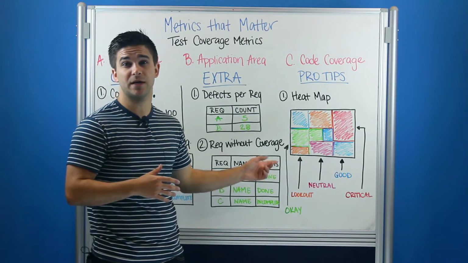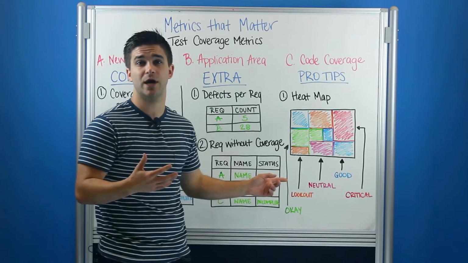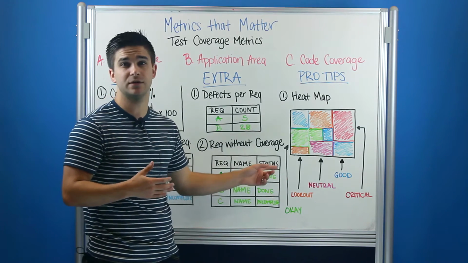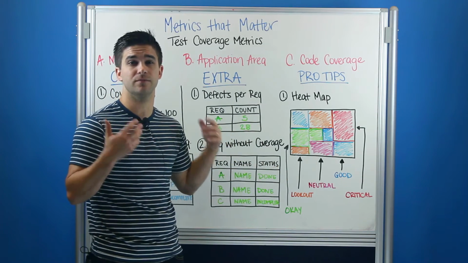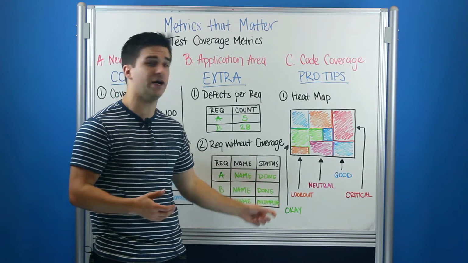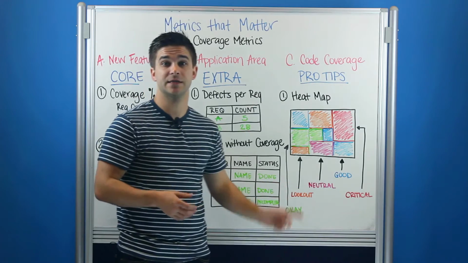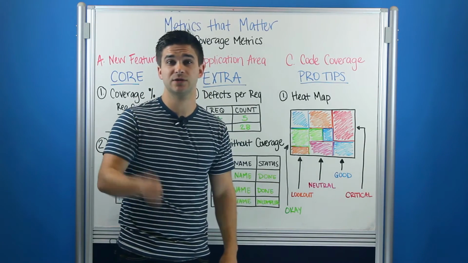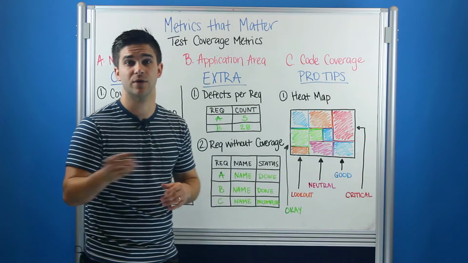This also gets into a risk-based approach. If you're getting towards the end of your testing cycle and you missed a requirement to cover, you need to look at all the statuses that are done or almost done and say, okay, we don't have time to test everything. We need to test the ones that are going to go out into production right away.